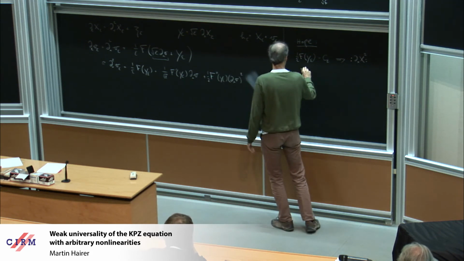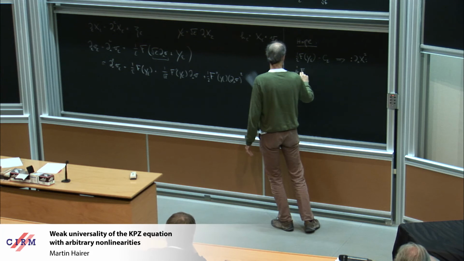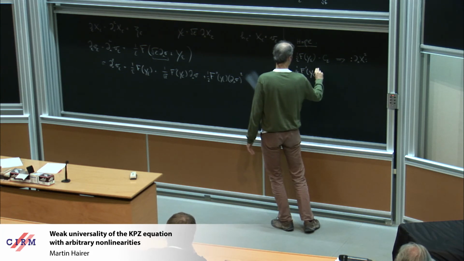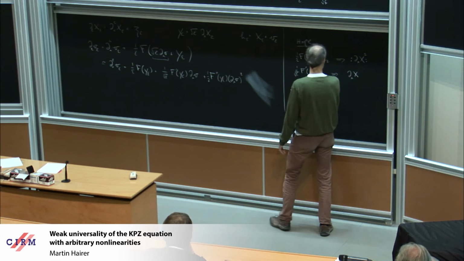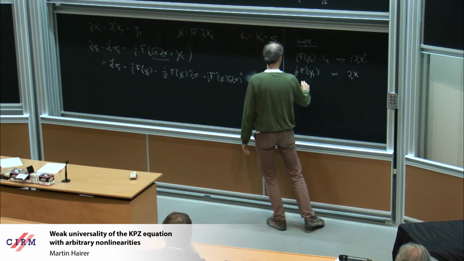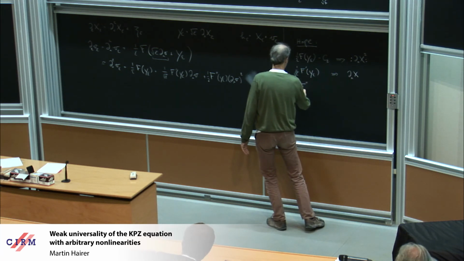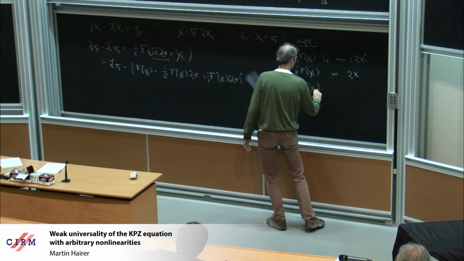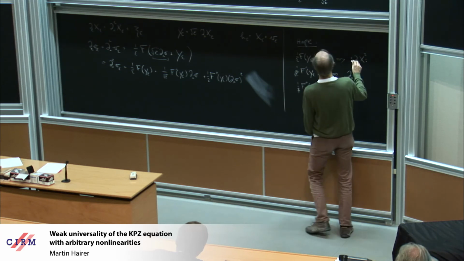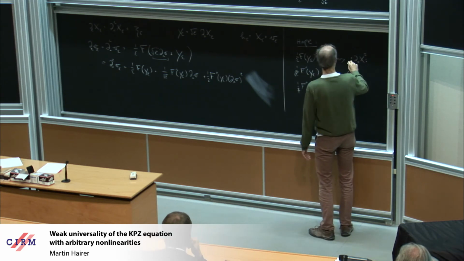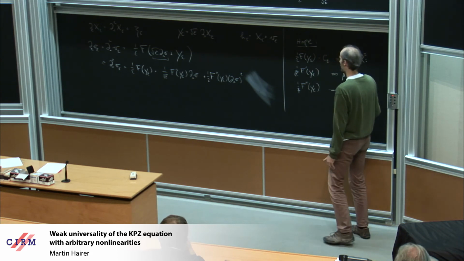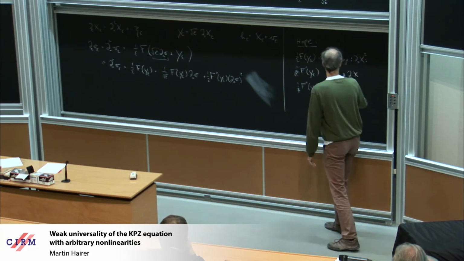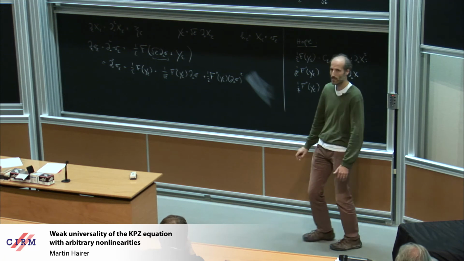And similarly, 1 over root epsilon f prime of y epsilon, you would hope that it just converges to this guy, and that 1/2 of f second of y epsilon converges. Here there are constants, so there's this constant mu out in front, and you would expect it to converge to mu. Maybe here you want a 2 or something.